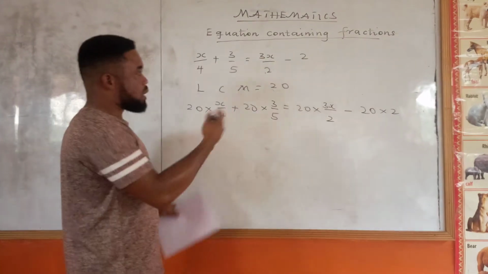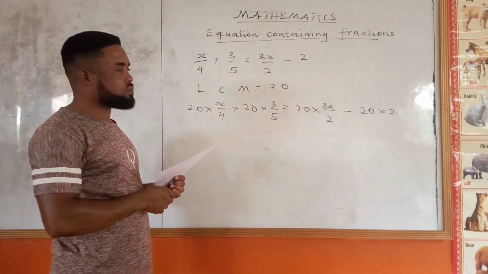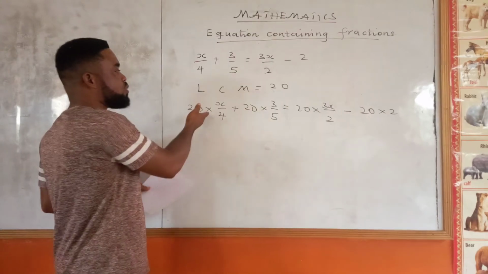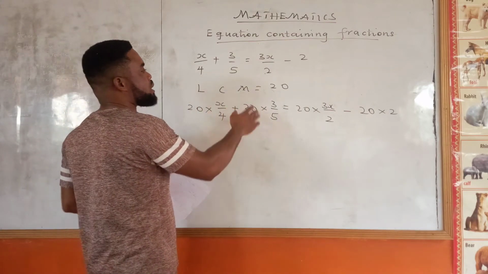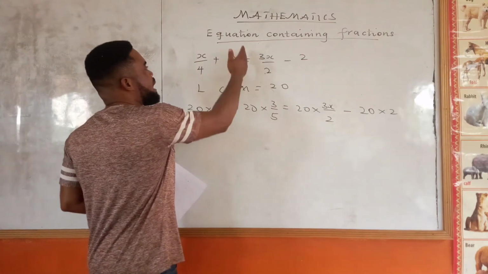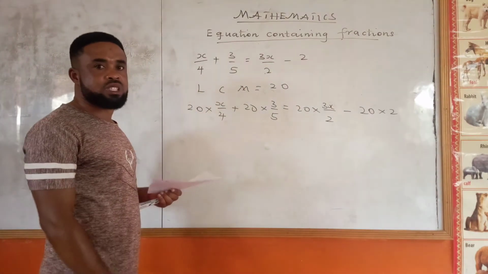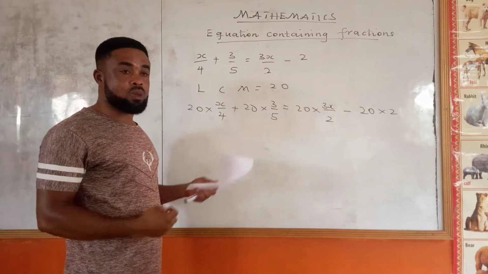Good. So you can also put them in a bracket. Instead of writing the multiplication sign, you can just put the terms in the bracket, then you write your 20 in front. It's the same thing, meaning you are multiplying.